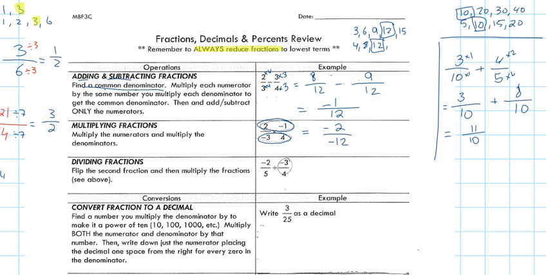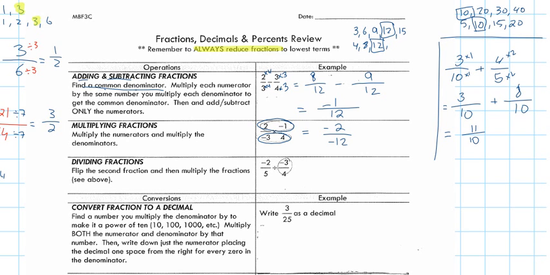Are you okay with that? Is that my final answer? No. What do I have to do? Reduce. Yeah. So what would it be? 1 over 6. I can divide. Now, number 1, if I'm dividing a negative by a negative, what do I get? A positive. So the negative and the negative, they cancel each other.